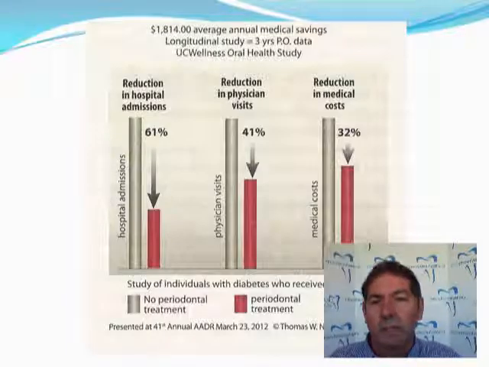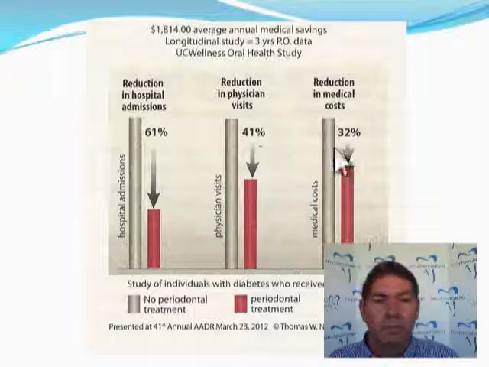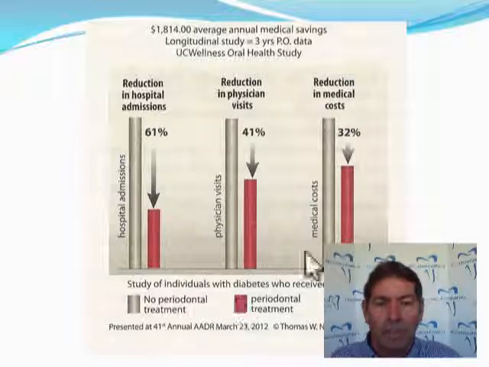This is some breaking research that is truly, truly remarkable. This study was actually done by some insurance companies, and it talks about reduction in hospital admissions, physician visits. This is what, 61%, 41%, 32% reduction in medical costs for patients with diabetes who are under periodontal care.